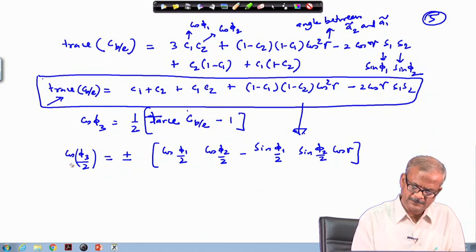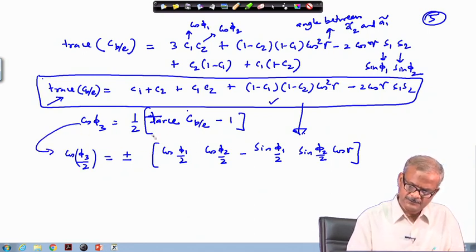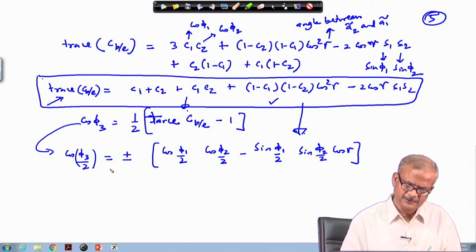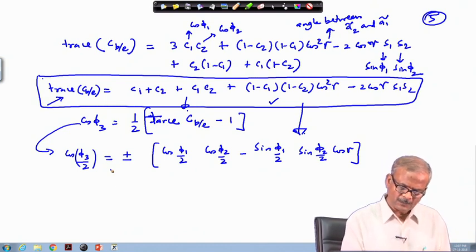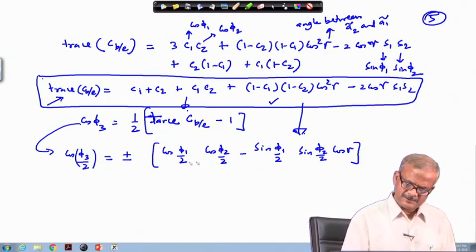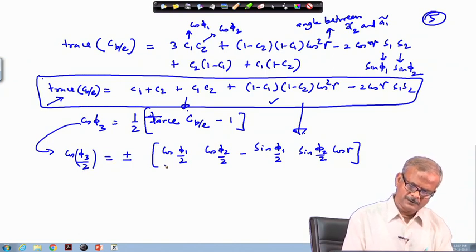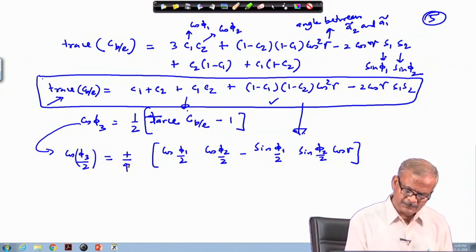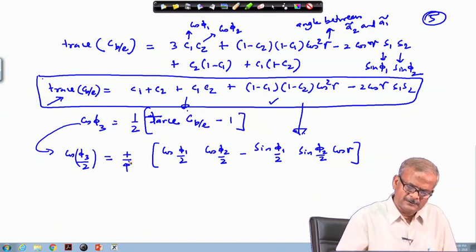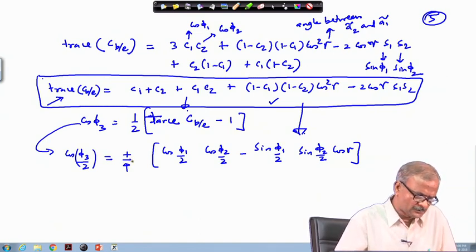Here remember this particular one. Okay. Using this, insert this into this, and then finally this can be written in this format. So, from this place it is easy to work out this phi 3 and 2. Now, this plus minus sign appearing here must be resolved. Okay.